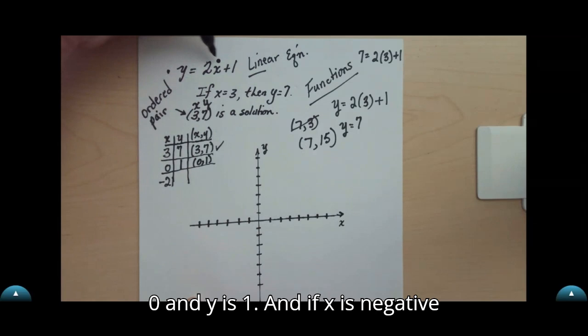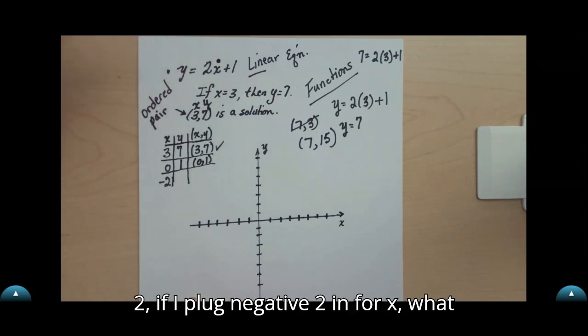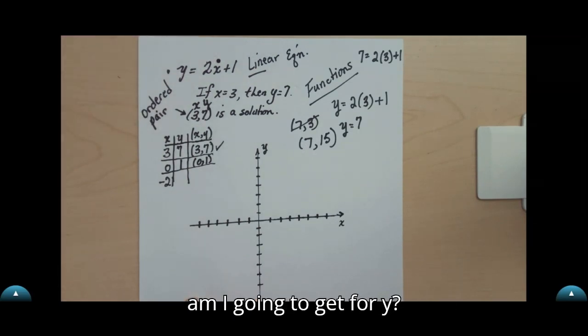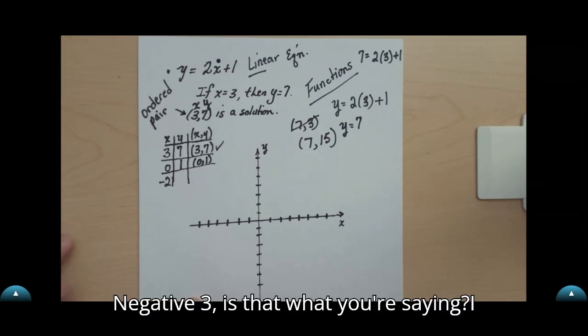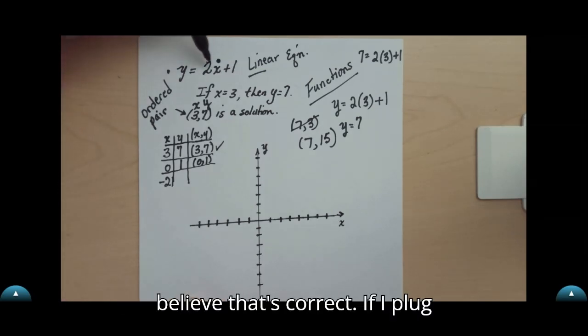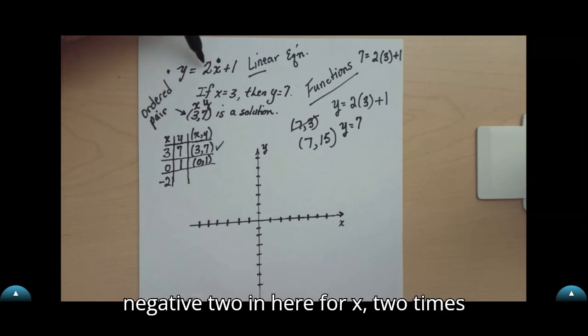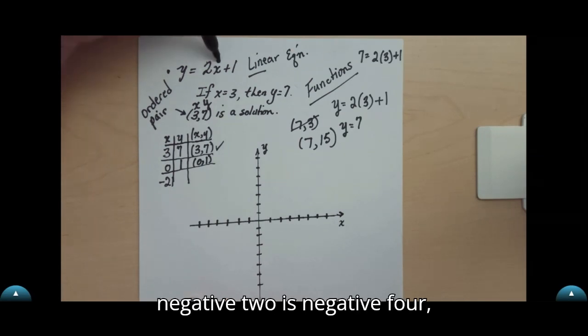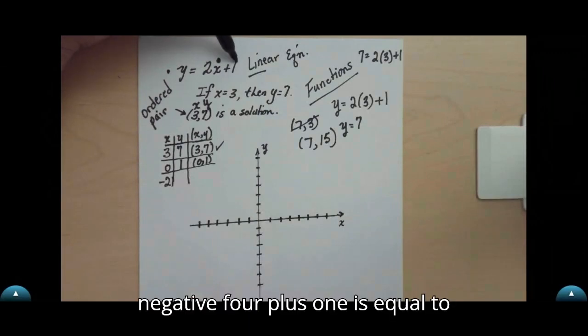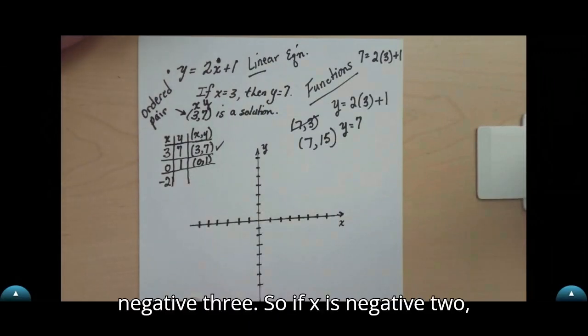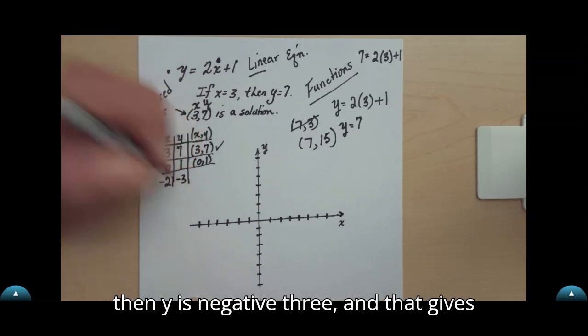And if x is -2, if I plug -2 in for x, what am I going to get for y? -3, is that what you're saying? I believe that's correct. If I plug -2 in here for x, 2 times -2 is -4. -4 plus 1 is equal to -3. So if x is -2, then y is -3.